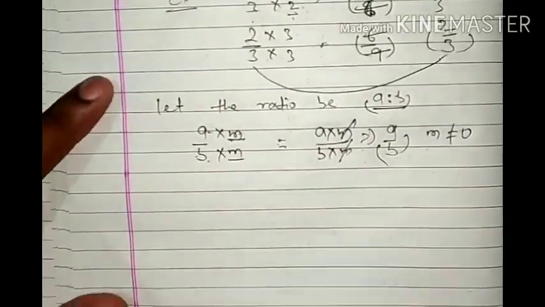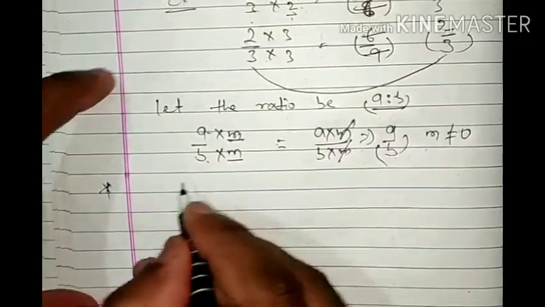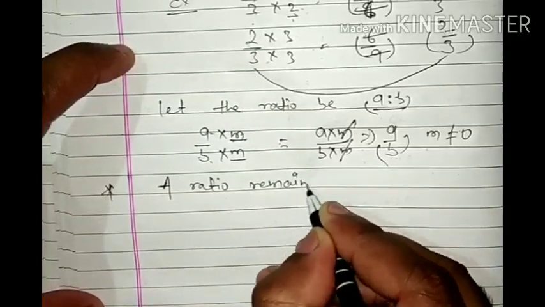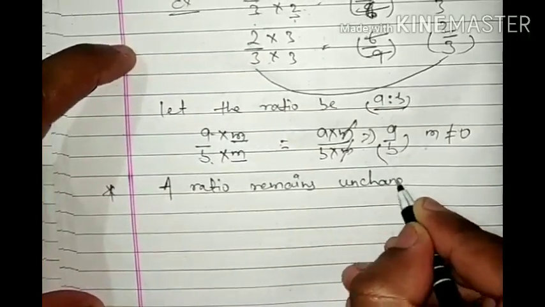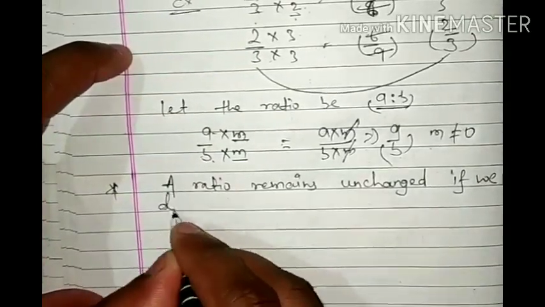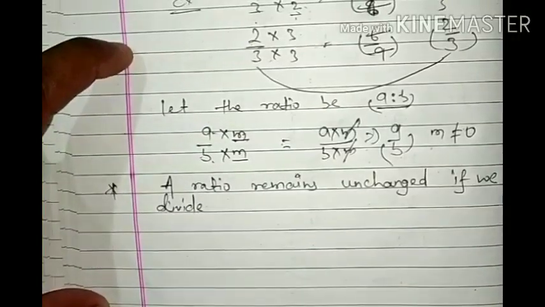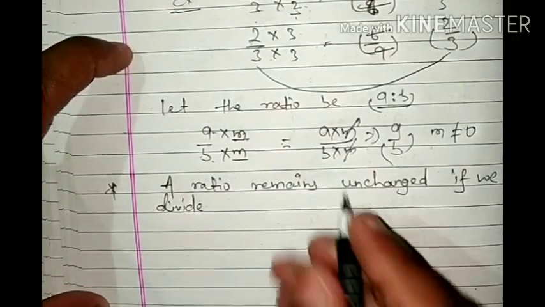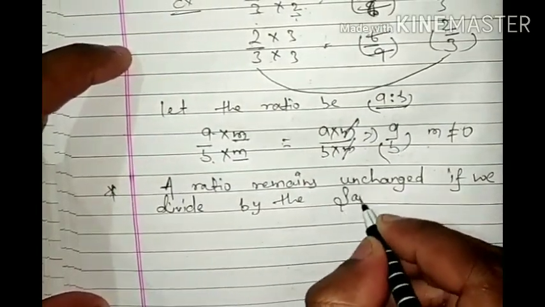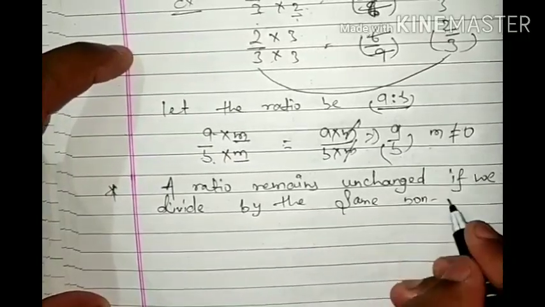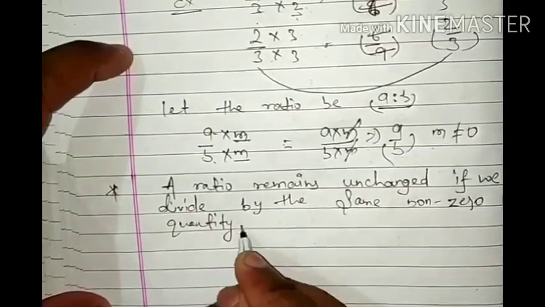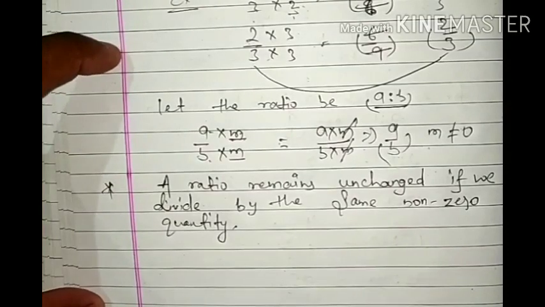Let's move on to the second property. A ratio remains unchanged if we divide by the same non-zero quantity.